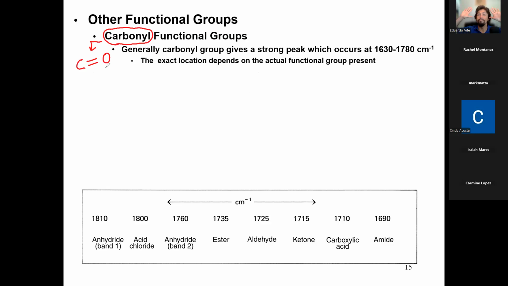If you hear the word carbonyl, you are talking about a carbon double bond oxygen. Nothing more. That is the definition, that is its name. So when I say the word carbonyl, I'm talking about this right here.